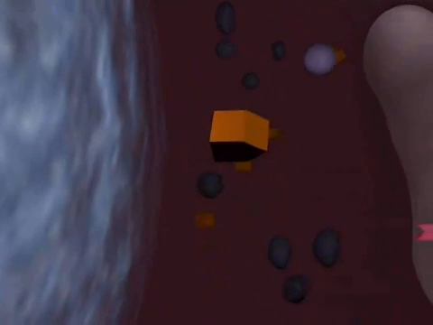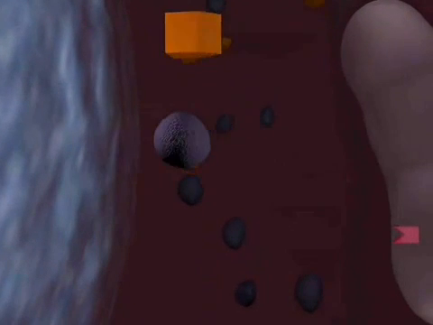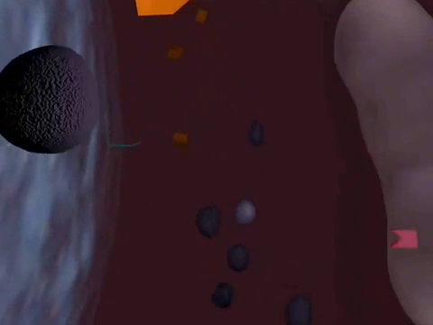Once in the cytoplasm, ribosomes synthesize alpha and beta chains across the membrane of the endoplasmic reticulum.